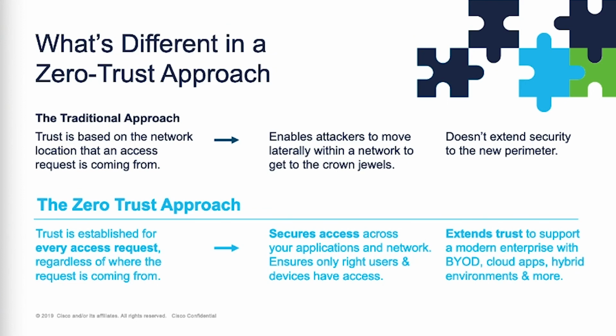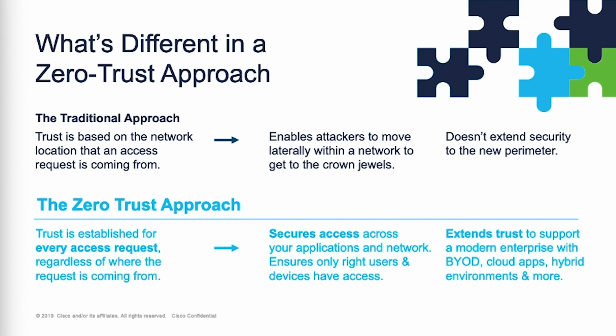So when you compare a traditional security approach to a zero trust approach, you find that in the old approach, trust is based solely on the network location the access request originates from. So this means that once you're in the network, you're golden. And we've now seen that that's really not the case anymore.